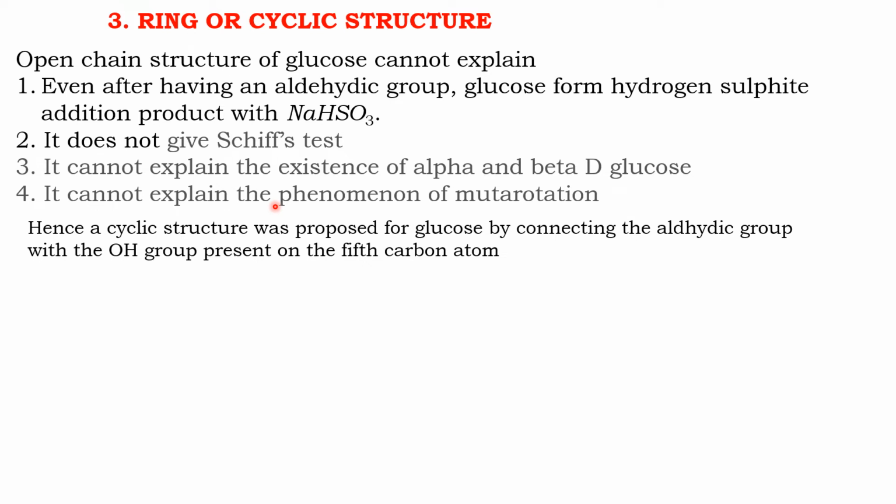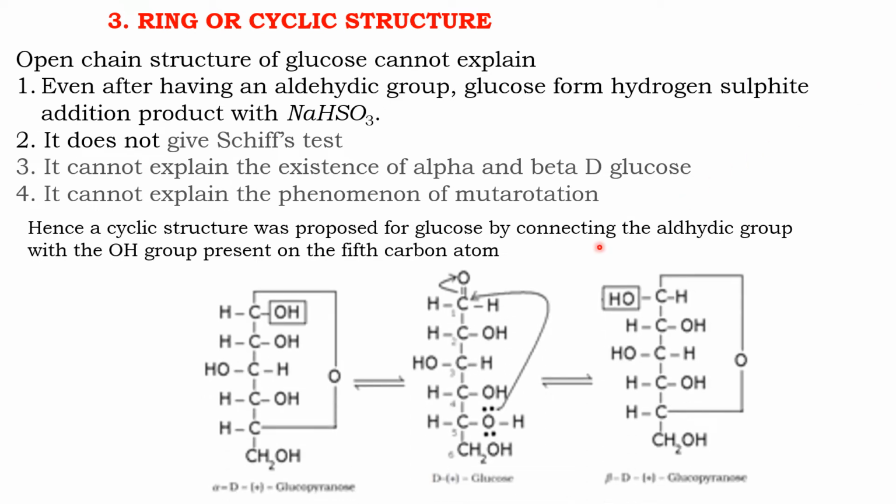So, a cyclic structure was proposed by connecting the aldehyde group, that is the first carbon atom, with the fifth carbon atom. See here, this is the aldehyde group. The lone pair of electrons from the oxygen on the fifth carbon atom attacks this particular carbon.